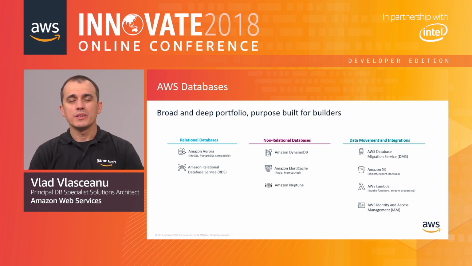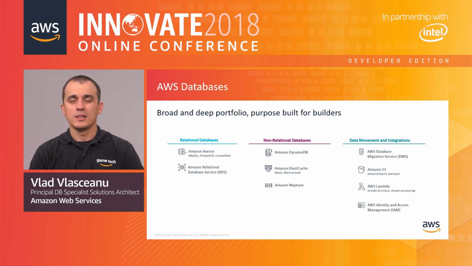And along with these services, we have a collection of tools and services that are really meant to make developing database applications easier. We have services that allow you to move data easily. We have services that integrate with our database services, such as Amazon S3, where you can export and import data between your database and Amazon S3, or we use that for backups as well.